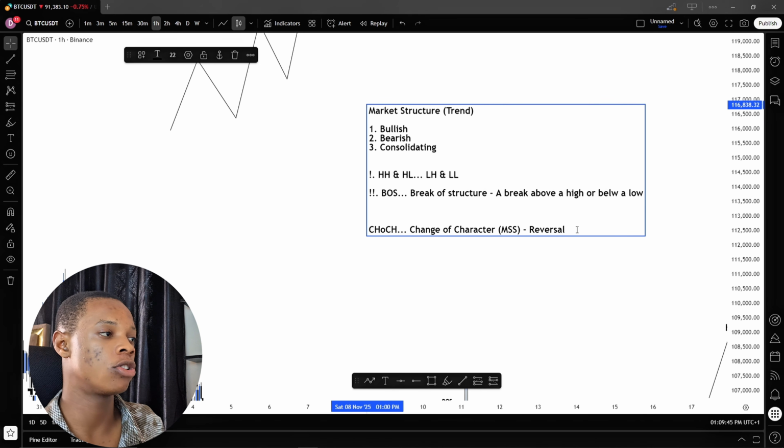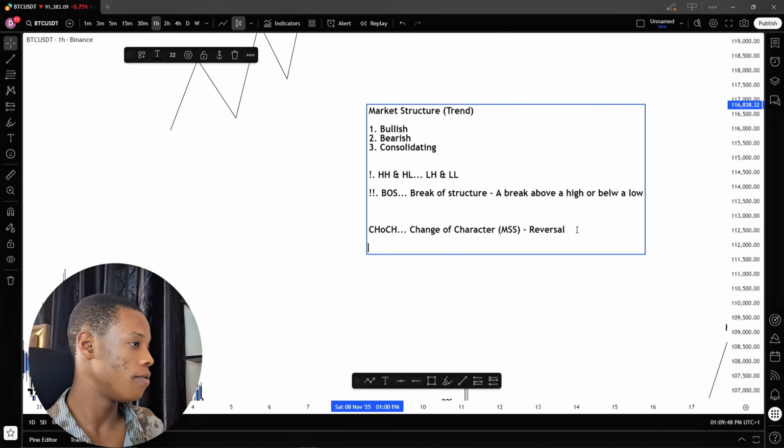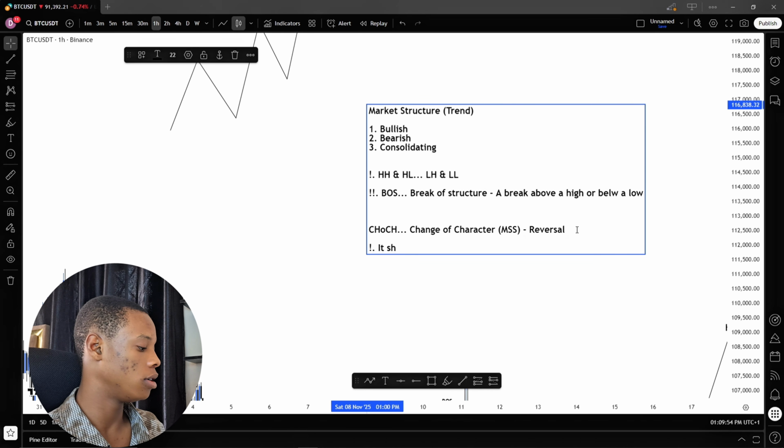Now, what's going to validate it? What's going to make it valid? There are two things. The very first thing is that it should have a BOS, a break of structure.